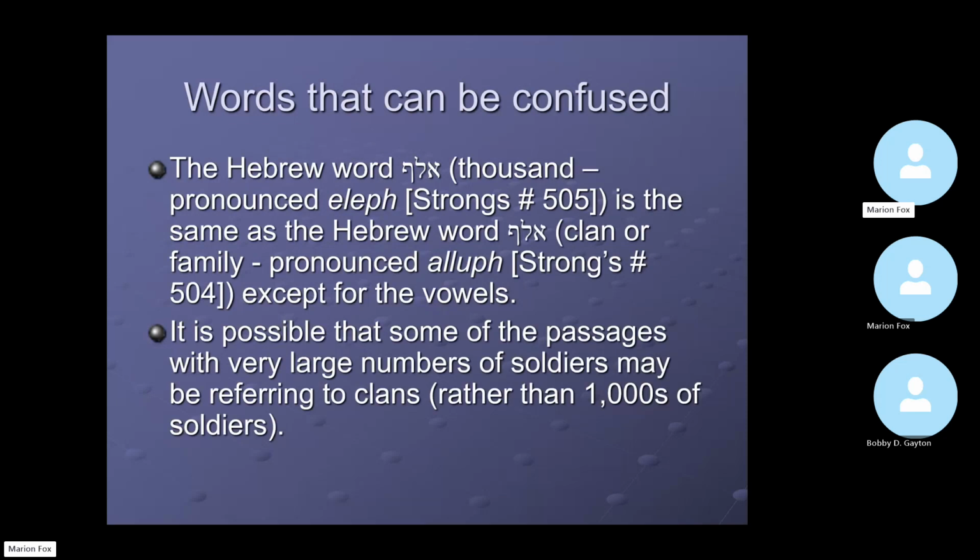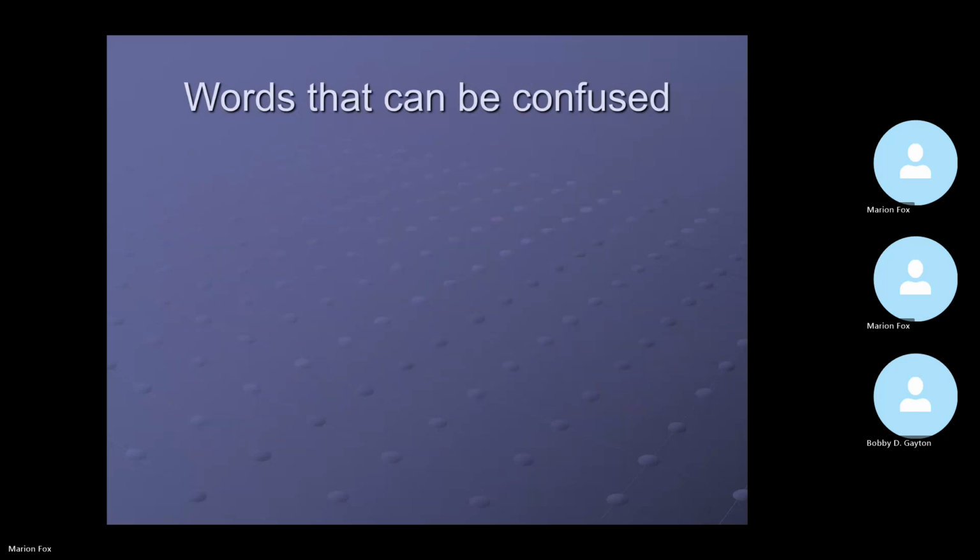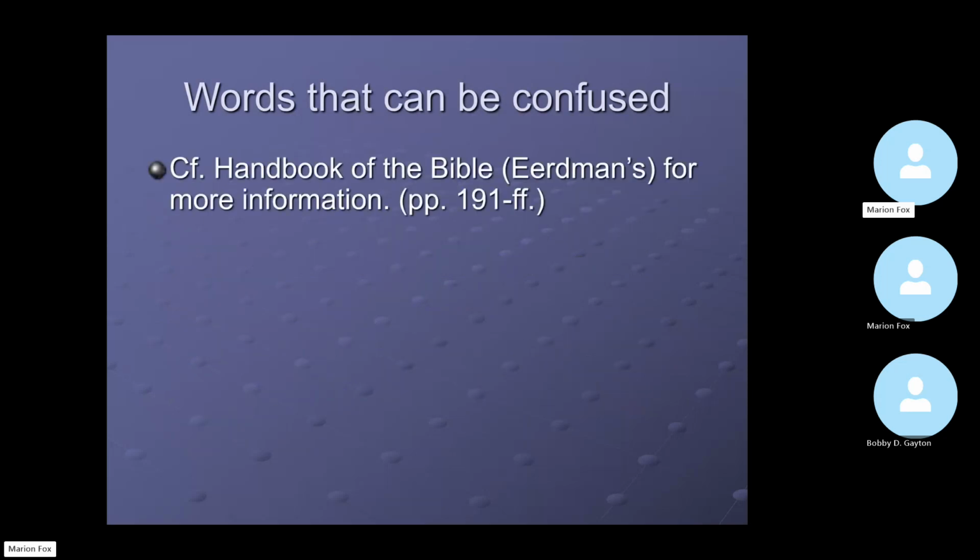They had a system very similar to it. It's possible that some of the passages with very large numbers of soldiers may be referring to clans rather than thousands of soldiers. So 100,000 soldiers might really be 100 clans.